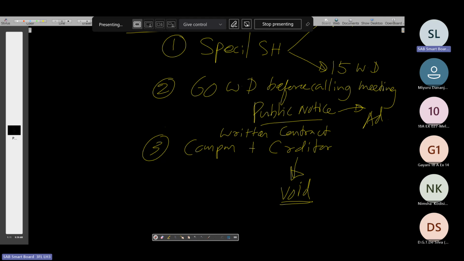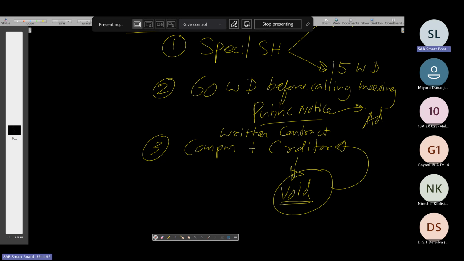If the company has violated that, the reduction is to be treated as void. So I think we can identify that this provision was introduced to the Companies Act in order to give protection to creditors. So there is another requirement to be followed in order to reduce the stated capital.